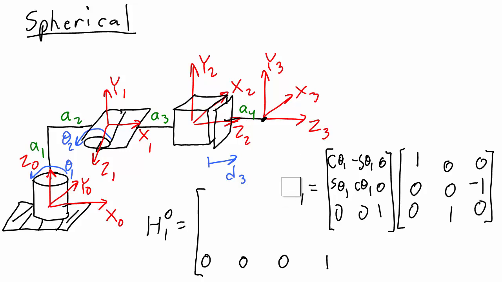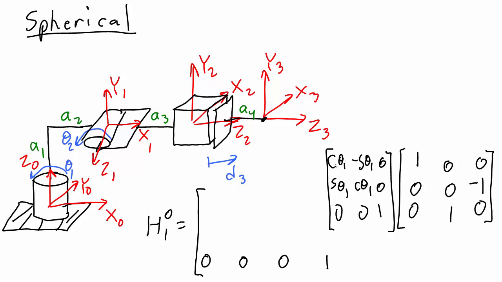Now, to get my final rotation matrix, I have to multiply these two together. I'm going to multiply them together and just fill them in to my homogeneous transformation matrix. So to get the value that goes in row 1, column 1, I'll multiply together row 1 and column 1.